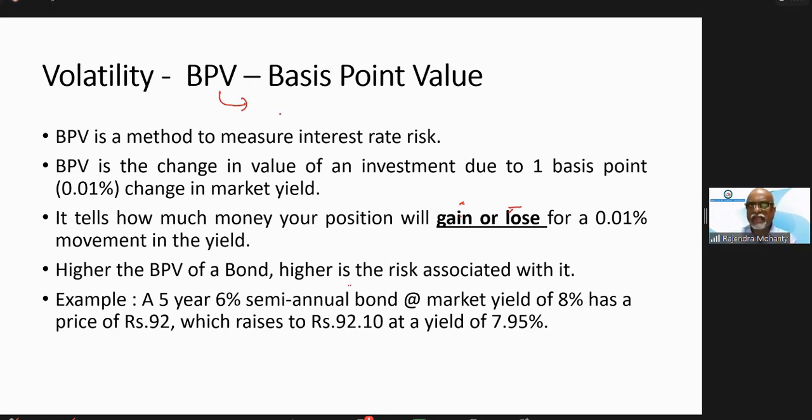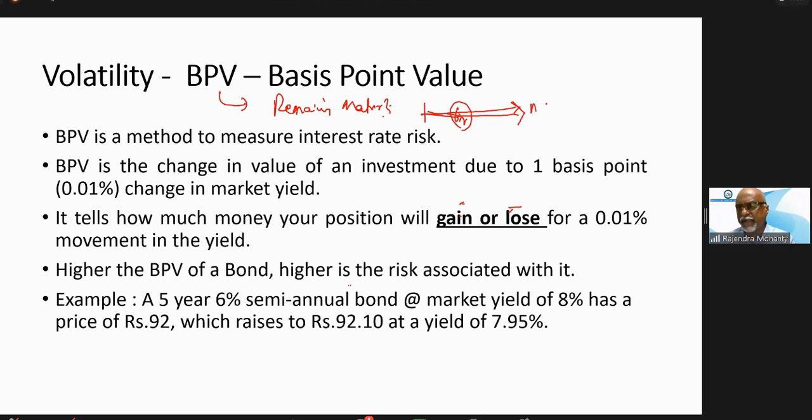Is it clear? Another thing, remember, the BPV of any bond will always change. It will change with the remaining maturity. Whenever the maturity comes closer, the BPV keeps changing. Suppose a bond is of 5 years maturity and the present BPV is 2000.